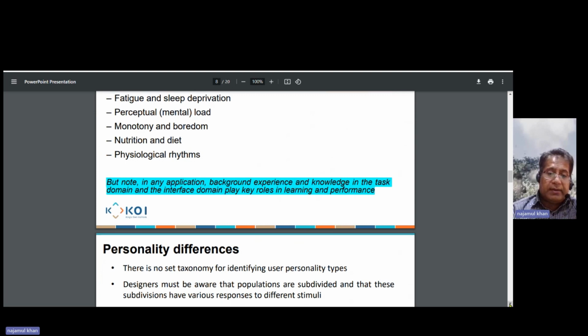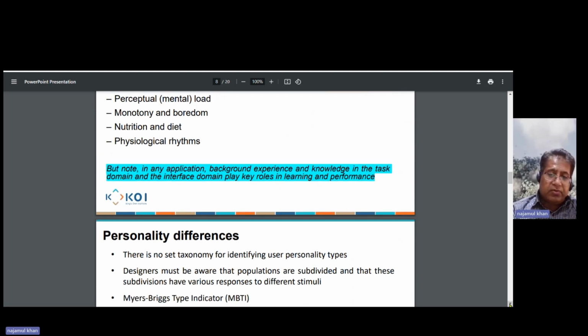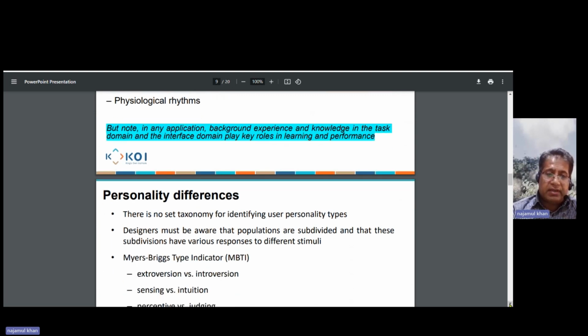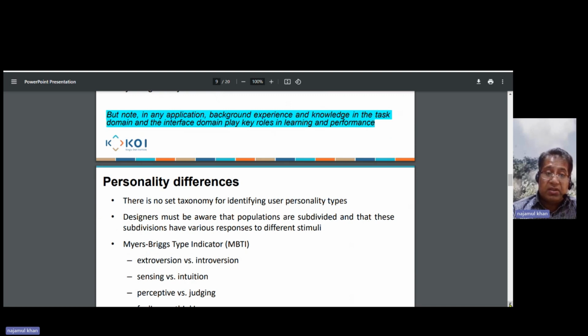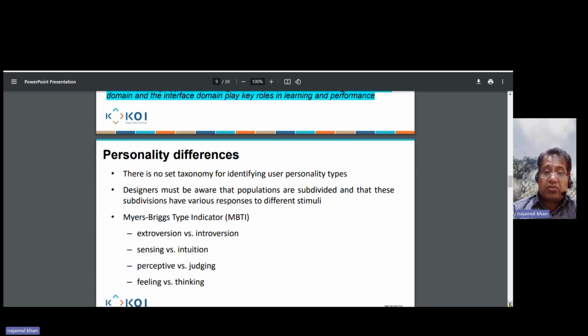Okay, now another important factor is personality differences. There is no set taxonomy for identifying user personality types. It's very hard to say who likes what, and the designers must be aware of that factor as well. They can subdivide, and those subdivisions can have various responses to different stimuli.